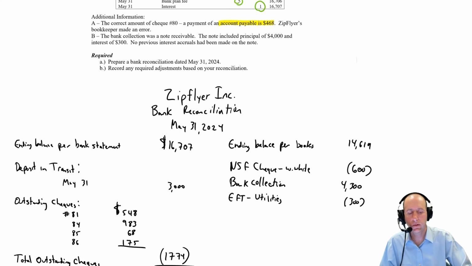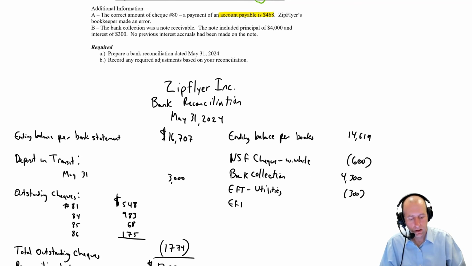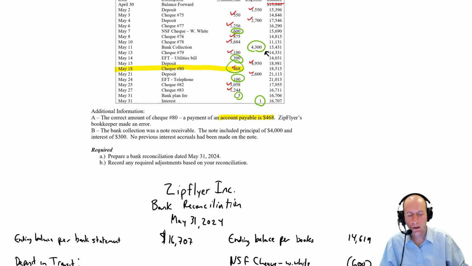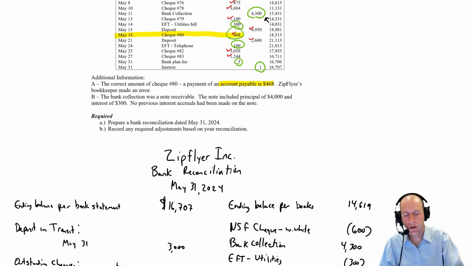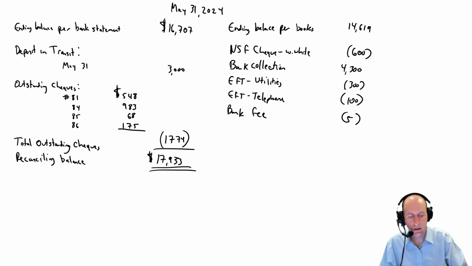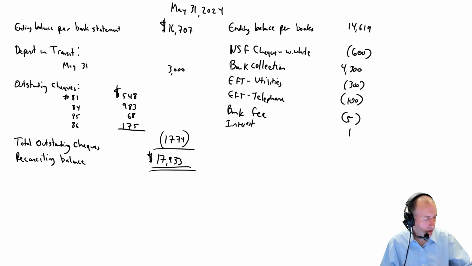EFT telephone, another bill, just another sort of automated payment, came out of our account for $100. Bank plan fee. Well, this is money again coming out of our account. $5. And interest, $1. And the interest helps your bank balance.